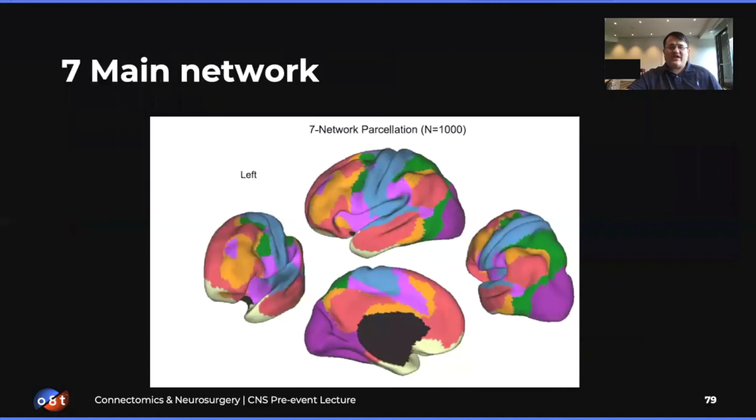So going back to the main networks, what do we do with this information? Well, it's safe to say that cutting across the middle of major networks is going to take a lot of cognitive functions out at once. It may not be possible to preserve every part of the brain, particularly with some very bad brain tumors, but it seems reasonable to say that cutting across the middle of a major network is going to do more damage than any other situation.